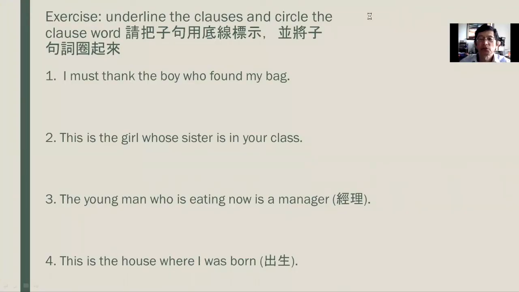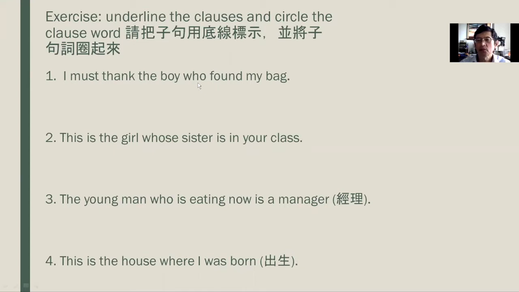Let's try some exercises so that you better understand clauses. In each of these sentences, can you identify the clause word and then the clause? I must thank the boy who found my bag. Which is the clause word in this sentence? Who.